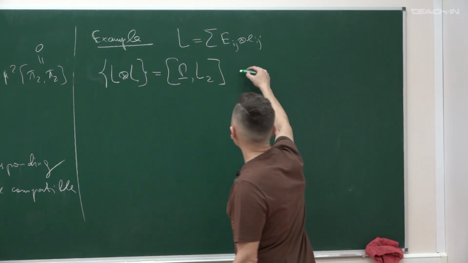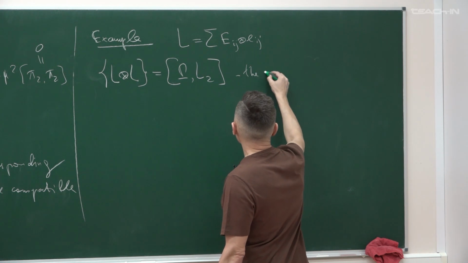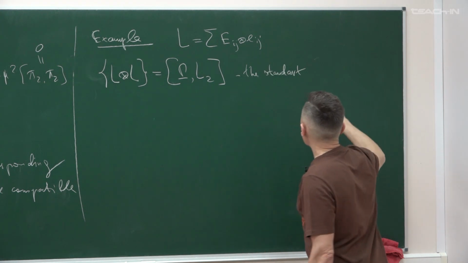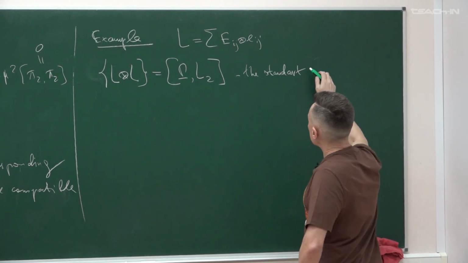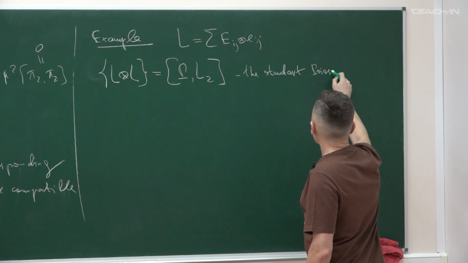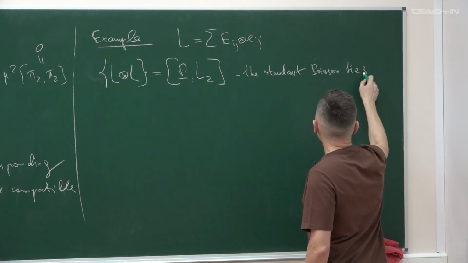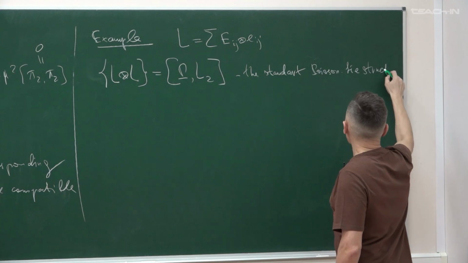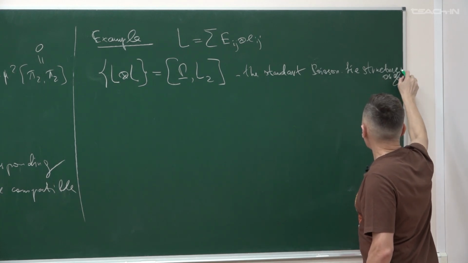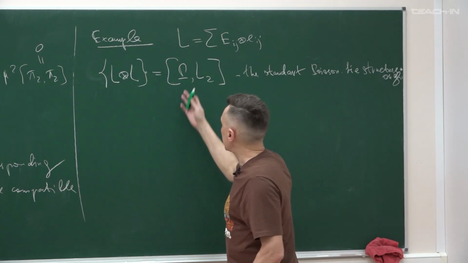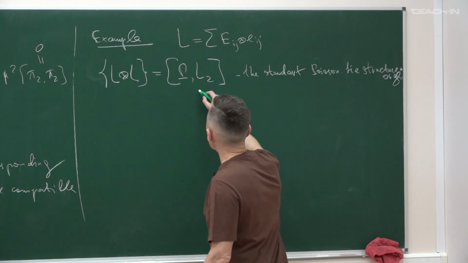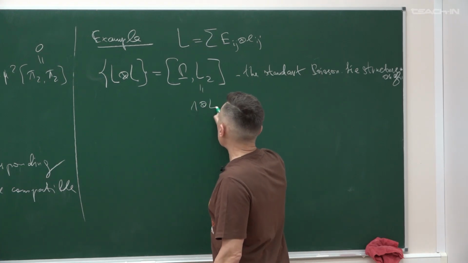So this is the standard Poisson-Lie structure on GLN. P is just the transposition, L2 is, you remember, 1 tensor L.